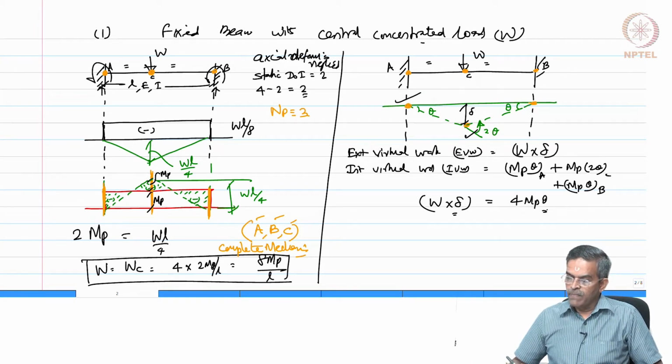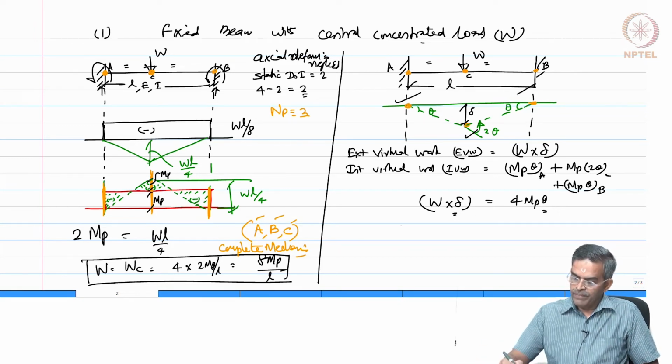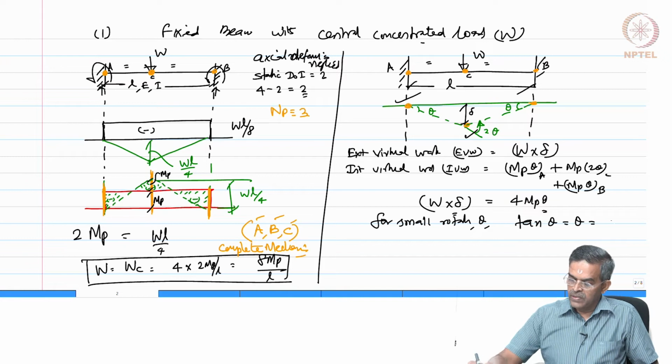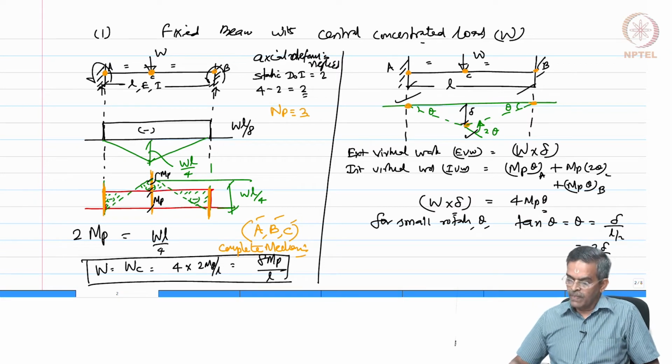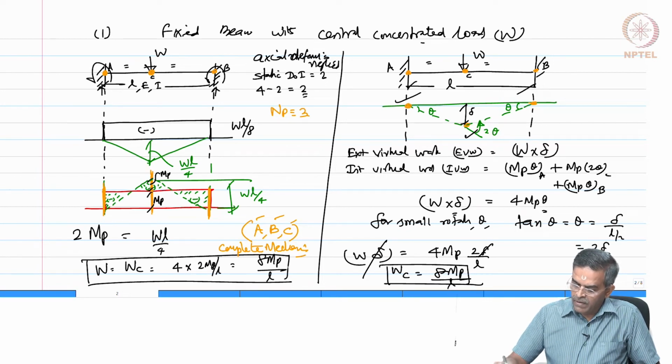One can say very well, if the span is L, okay, can say for small rotations, tan theta, which is theta, which is actually del by L by 2, which is 2 del by L. So, substituting back here, W into del will be 4 MP into 2 del by L. So, del goes away, I get WC as 8 MP by L, which is same as this.